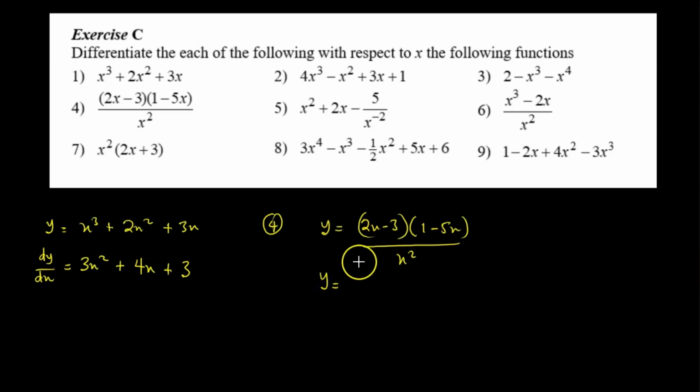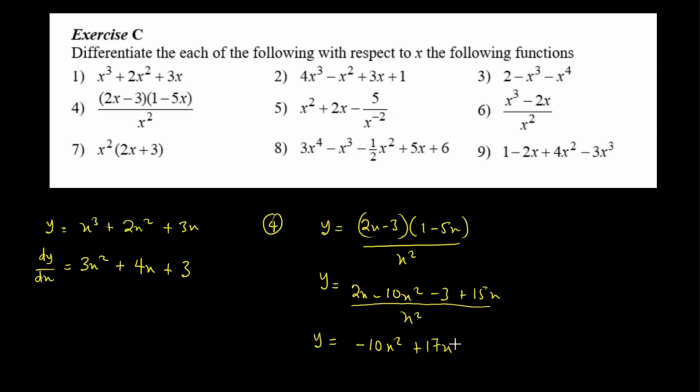So y will be equal to, expanding the numerator, 2x minus 10x squared, then minus 3, then plus 15x. Simplifying this expression, all divided by x squared, y becomes negative 10x squared plus 17x minus 3, all on x squared.